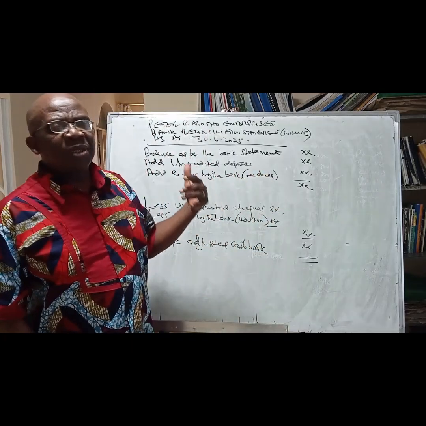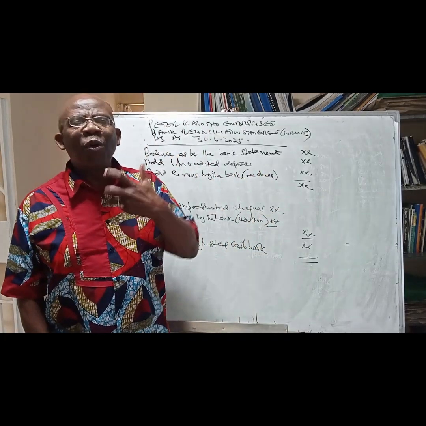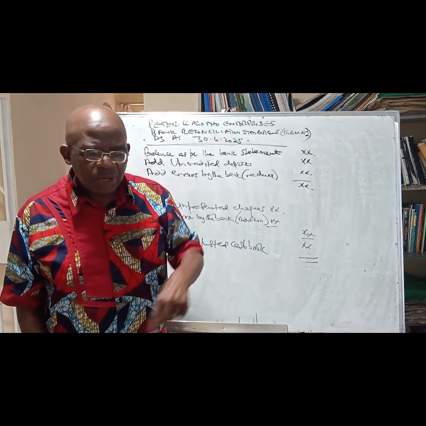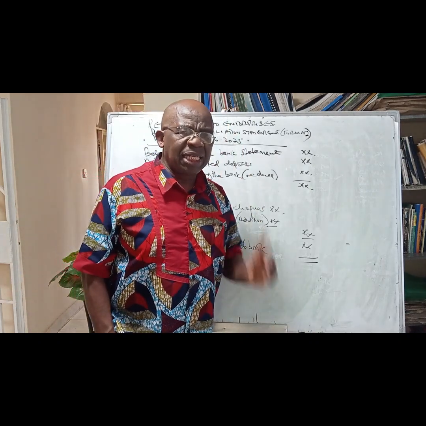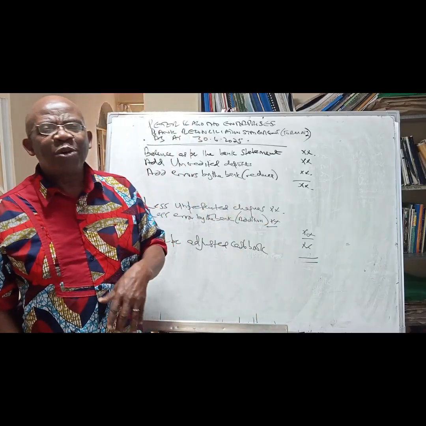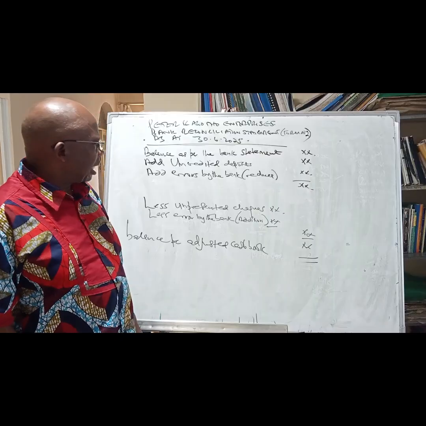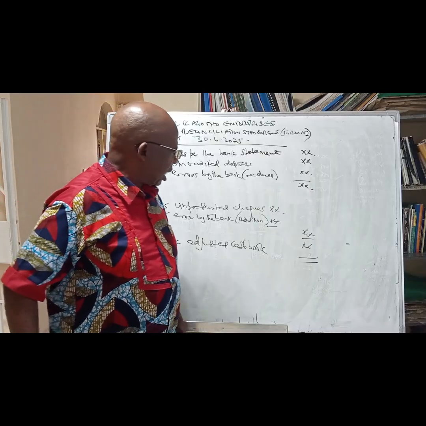Number 2 says, if the bank did what we have done, where we credited, they credit. Where we debited, they debit. If they did that, would we have the same balance as the bank reconciliation statement? That's the way to prepare them.